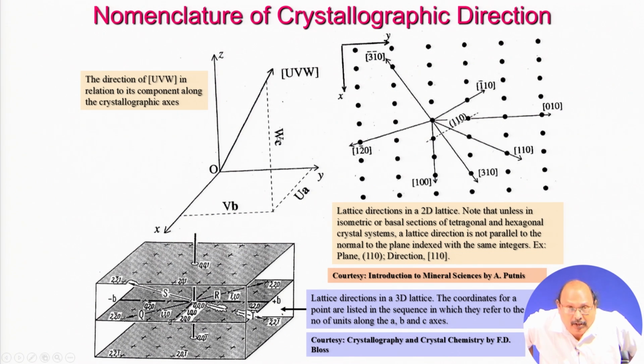So, this is the nomenclature of any direction under the symbol of UVW.